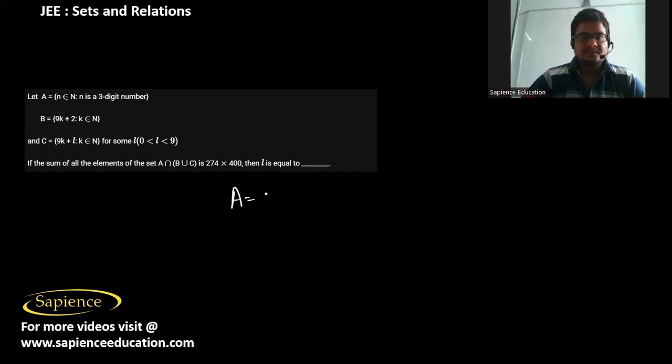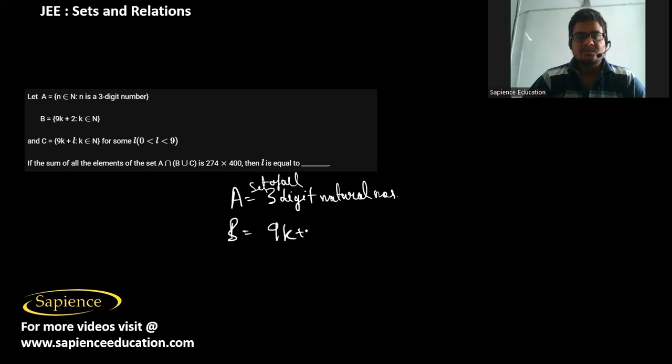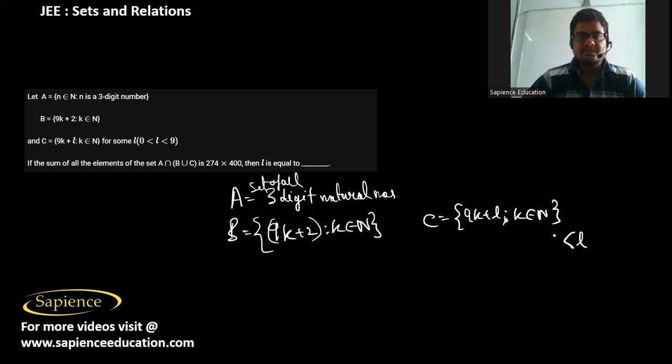So A is the set of all 3-digit natural numbers, and B is the set of all those natural numbers of the form 9k plus 2, where k belongs to n, and C equals 9k plus L, where k belongs to n, where L is a number between 0 and 9.